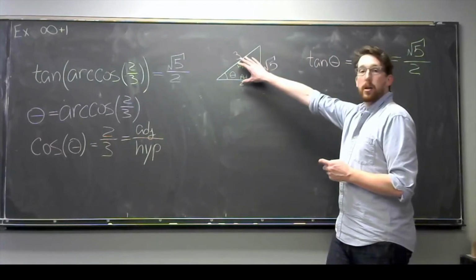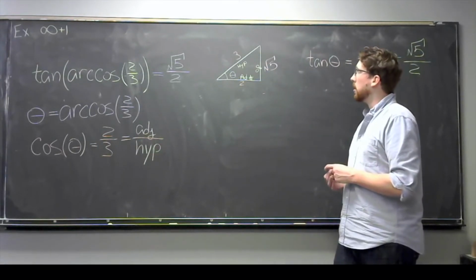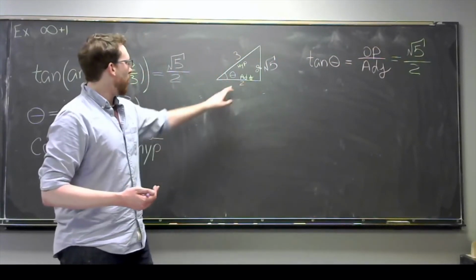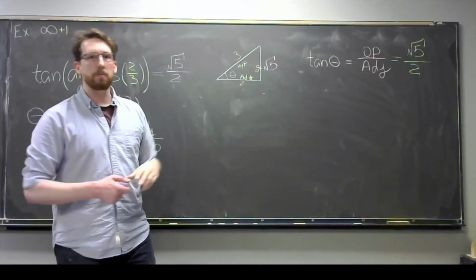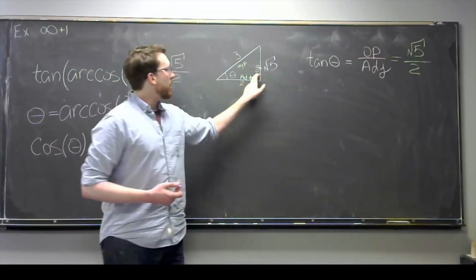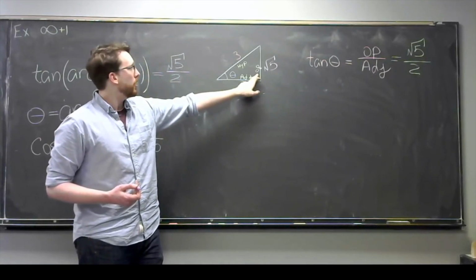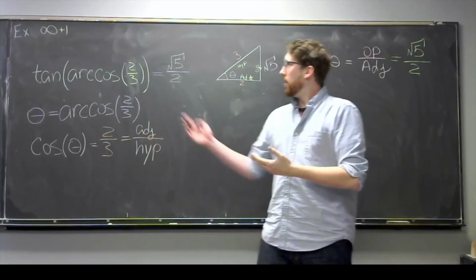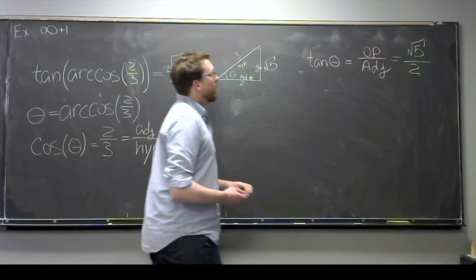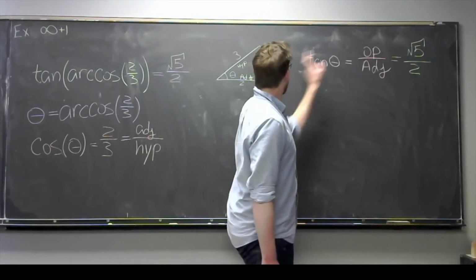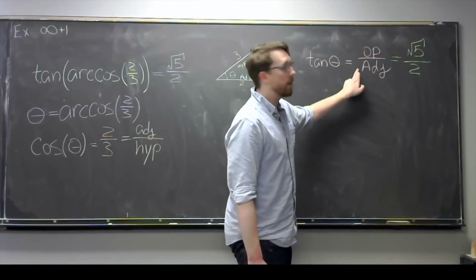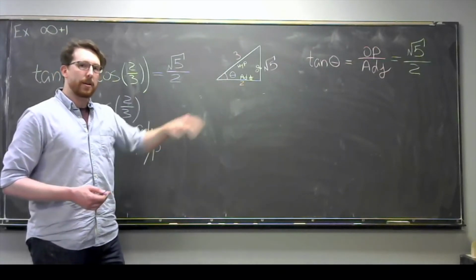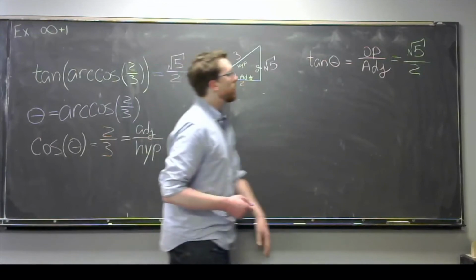So we were able to draw that onto a triangle. And I know the relationship between the lengths of all of these. It's the Pythagorean theorem. So I'm able to find this opposite length, and I know that whatever my angle was, the tangent of that angle is going to be equal to the fraction, our opposite length divided by our adjacent length. And because I just found those values, I can fill them in. And that's what we did.